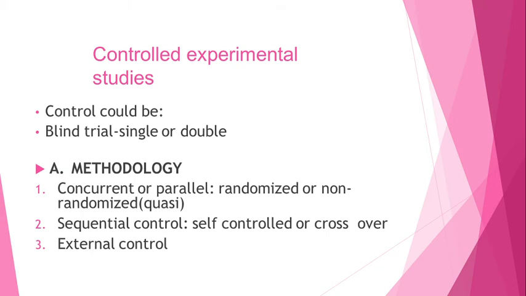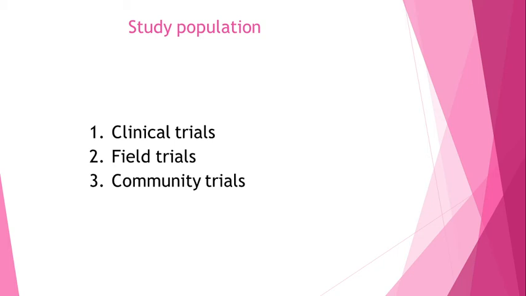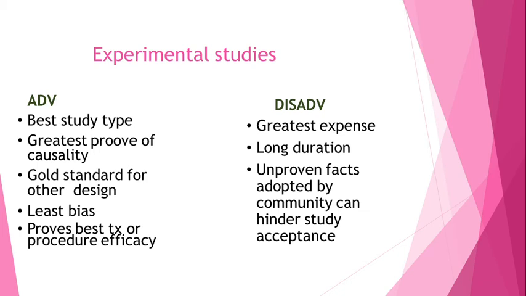Methods can be concurrent or parallel, randomized or non-randomized. Or there can sometimes be self-control or crossover designs involved, or there may be external control. The study population can involve clinical trials, you can perform some field trials, or you can perform certain community trials.